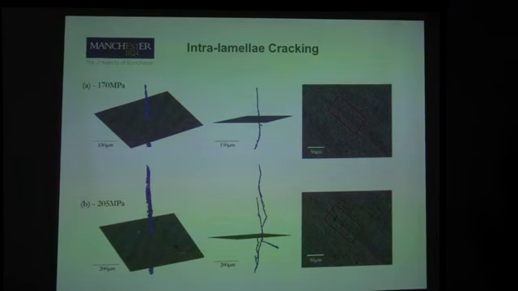And that's important because these cracks aren't initiating at the metal-ceramic interface and then propagating across the lamellae. This is definitely a distinct cracking mechanism. And then as you increase the load, you can see that those intralamellar cracks are coalescing as well. So like I said, there were periodic cracks which are coalescing, and they're not branching, essentially.